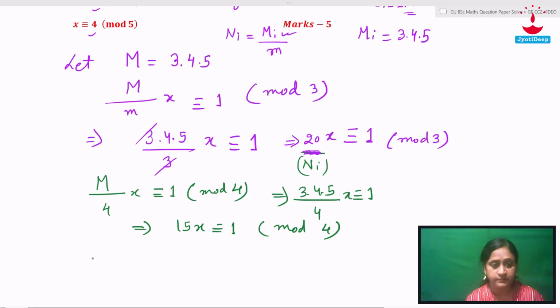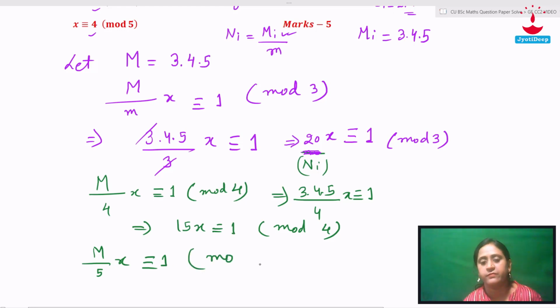Again for the third one, M by 5 into x is congruent to 1 under mod 5.